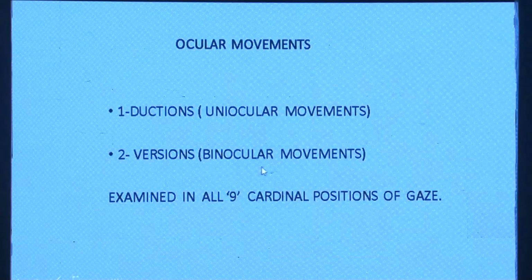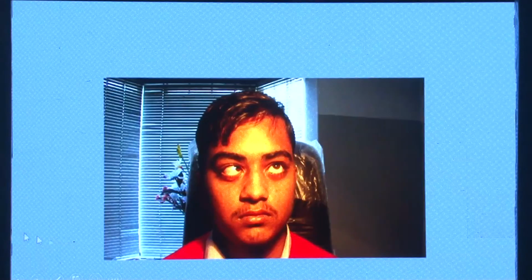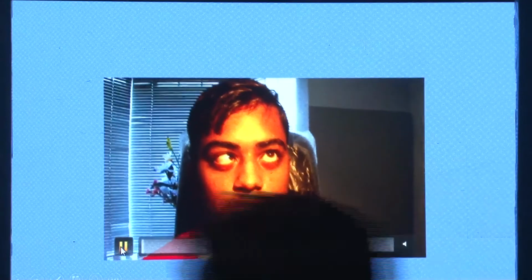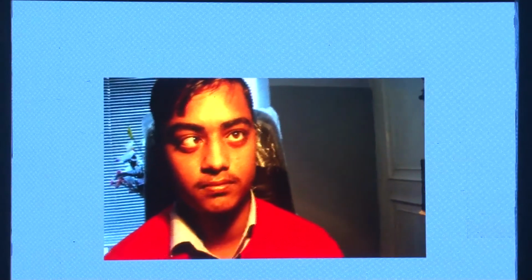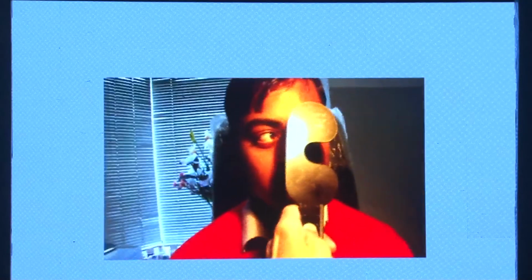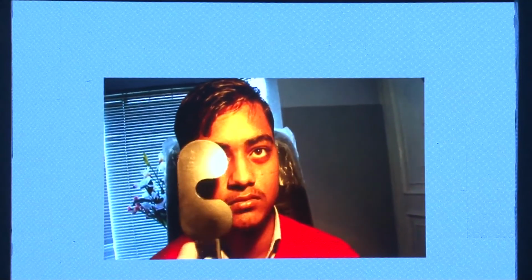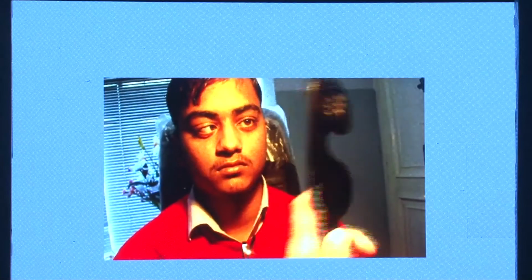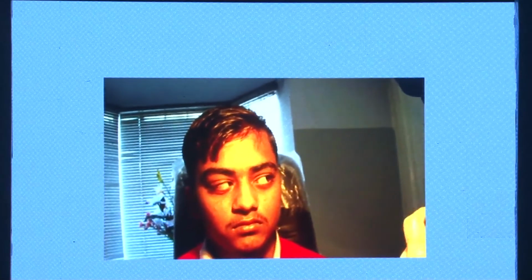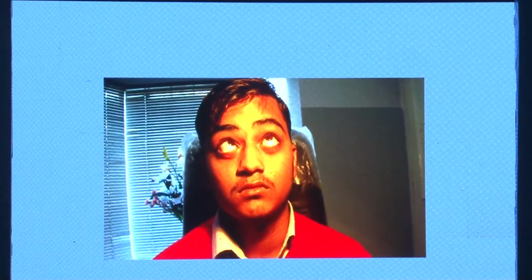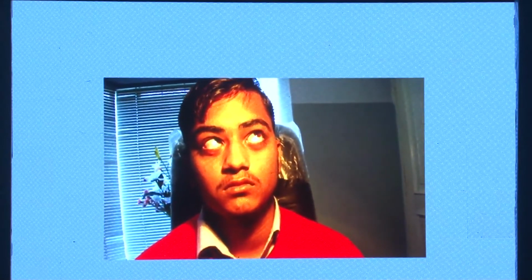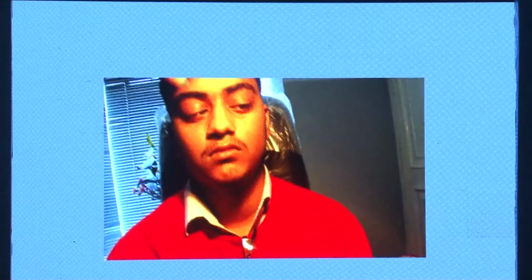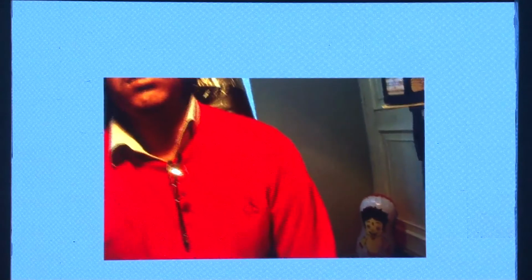But what I want to show you is, see, there's a large angle right unilateral esotropia. The right eye is not fixing. Right lateral rectus palsy. See, there's no movement, zero. There's no movement of the right eye. Long standing right lateral rectus palsy.